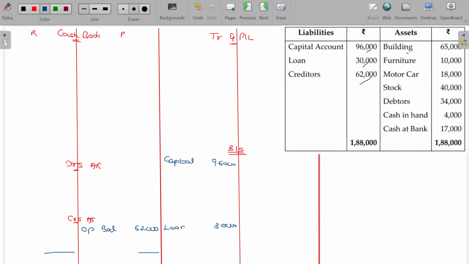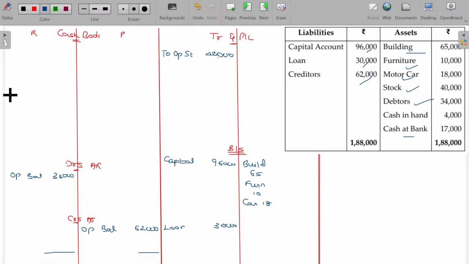Then in case of assets, building 65 subject to depreciation, furniture 10 subject to depreciation, motor car 18,000 subject to depreciation, stock, opening stock will be in the trading account, the value being 40,000. Debtors 34,000 in the beginning. Okay.